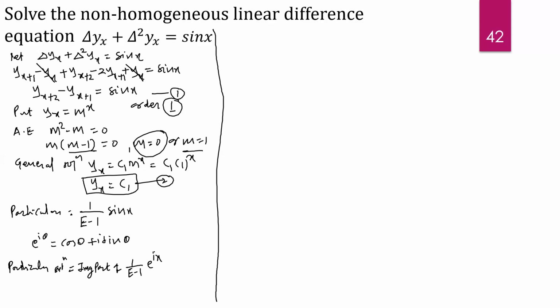Now it can be written as the imaginary part of 1 upon (E minus 1) operating on e raised to i x. So we have the property: 1 upon phi of E operating on a raised to x can be written by putting E equal to a, giving phi of a raised to x, provided that after putting E equal to a, phi of a is non-zero.